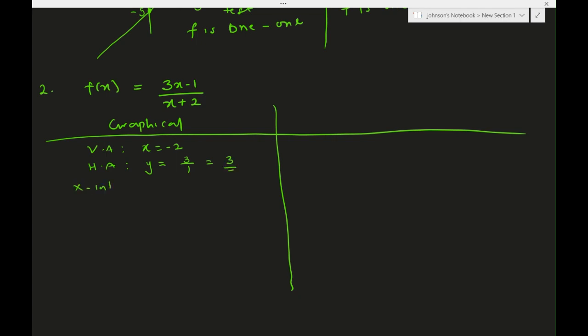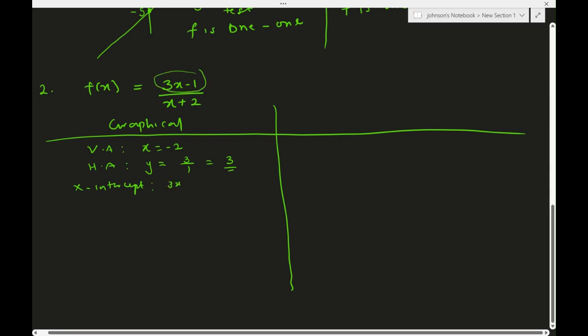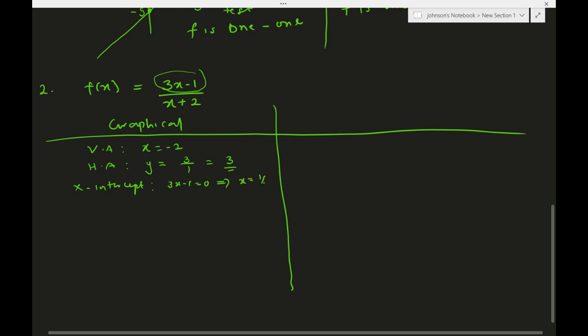And we can see that we have an x-intercept. And what is the x-intercept? The x-intercept for a rational function is usually the zero of the numerator. So you put 3x minus 1 equals 0, and this will give us x is 1 over 3. Then what else do we need? Do we have a y-intercept?